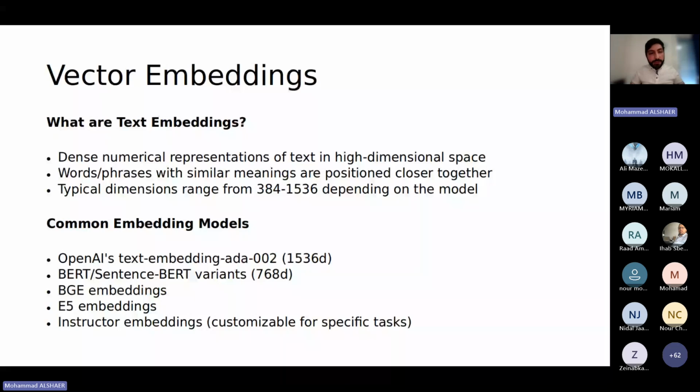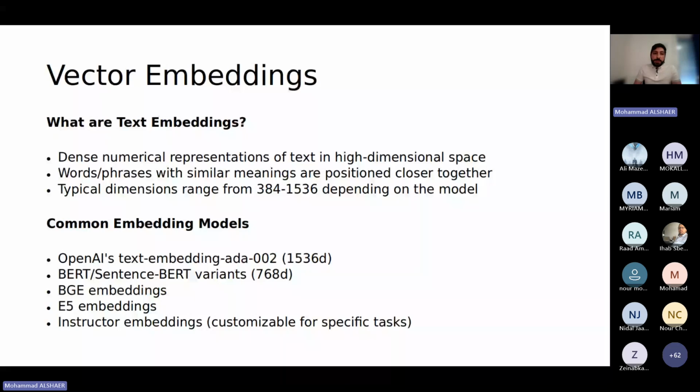I will give more examples, but just to understand, it's about representing words or text chunks, whatever you want, as a dense numerical representation with a lot of numerical values, where close or related values are grouped together.